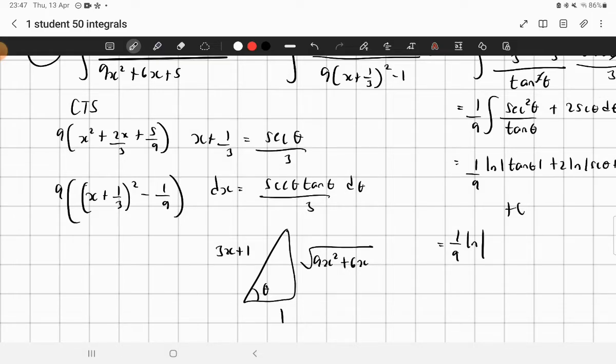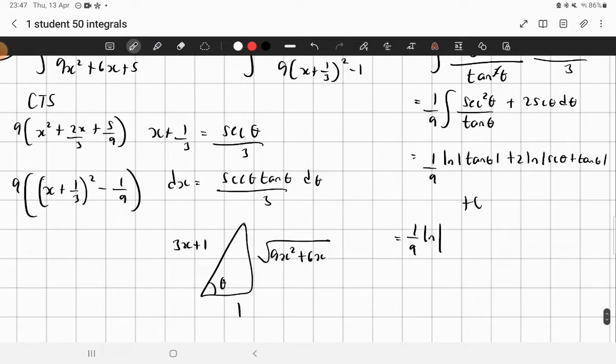Tangent theta will be the square root of 9x squared plus 6x. And then I'm going to write it down here: 3x plus 1 plus the square root of 9x squared plus 6x plus c.